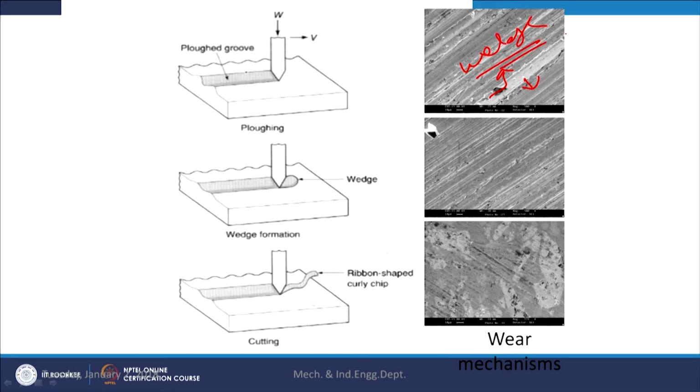So, under these conditions there is a limited removal of the material, but whenever the material is having limited ductility, then the sidewise flow of the material will also be limited, and it forms a deep scratch, and such scratching causes the loss of the material.